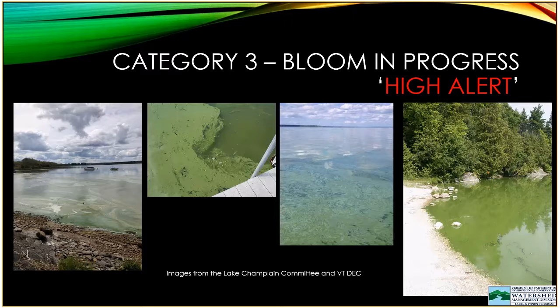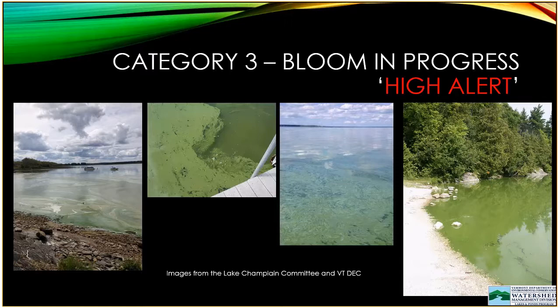In addition to the cyanobacteria being present, if toxins are produced by these cyanobacteria, the levels can be very high. So again, category 3 is our highest risk situation. Again, the amount of area that you're seeing affected determines whether this is a category 3.